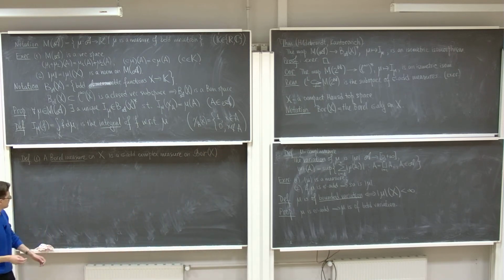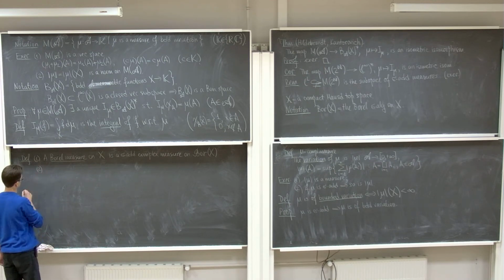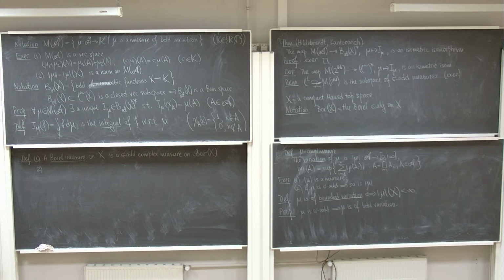So since X is a topological space, it's reasonable to consider only those measures, only those Borel measures, which are in a sense compatible with the topology.